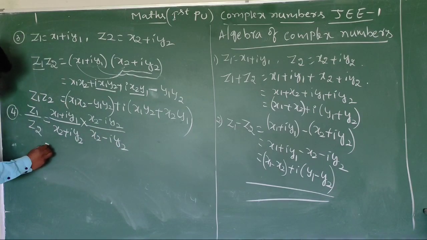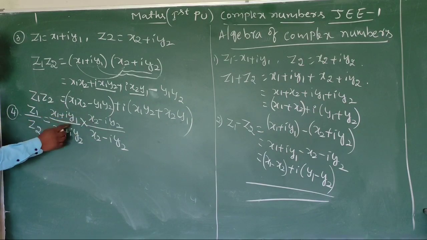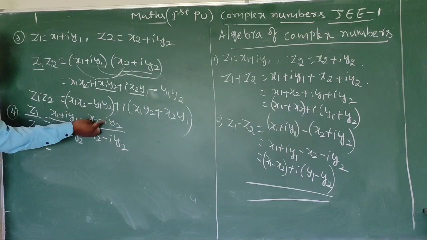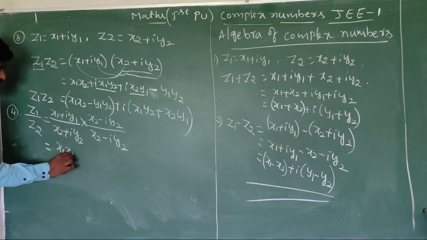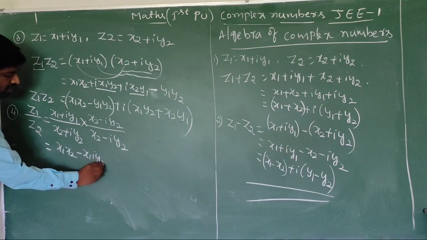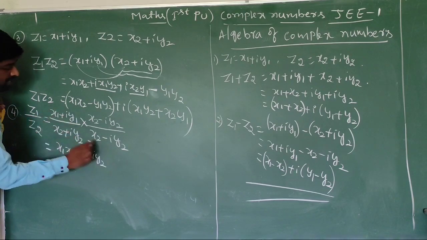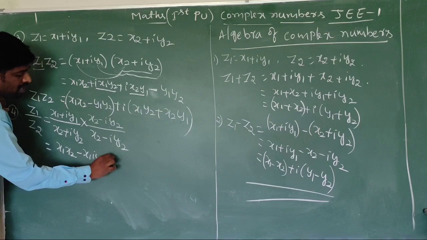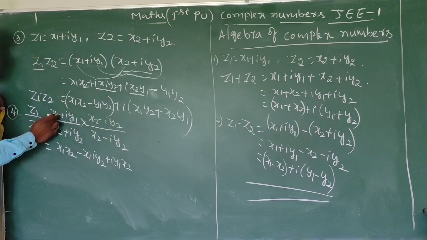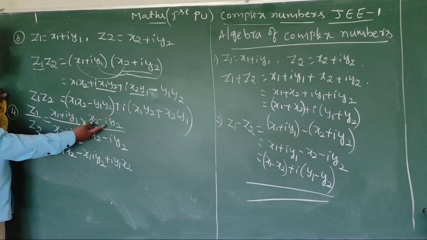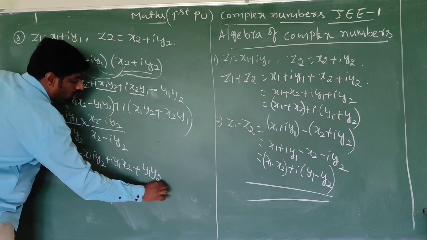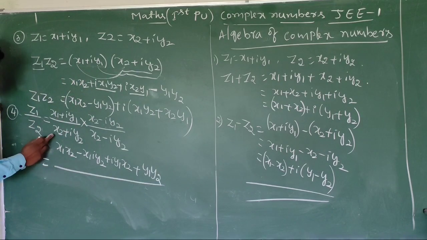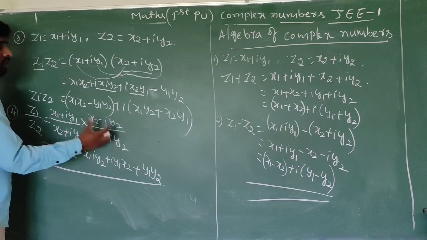Okay, so now we have to multiply numerator to numerator, denominator to denominator. x1 x2, x1 into this term is minus x1 iy2. Now plus iy1 into x2, plus iy1 into minus iy2, that is minus i square y1 y2, and i square is minus 1, so minus into minus is plus y1 y2, divided by, this is the form of a plus b into a minus b.